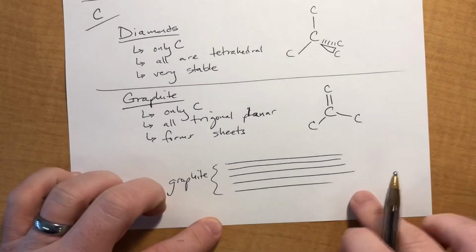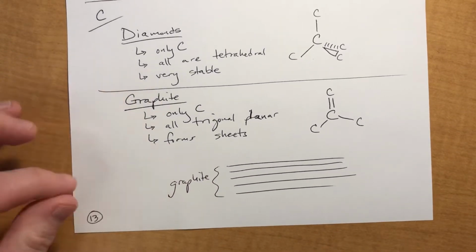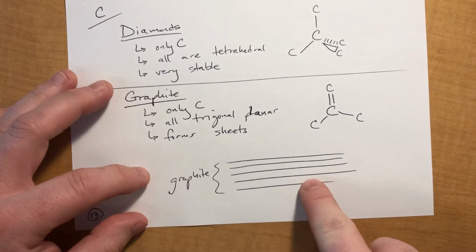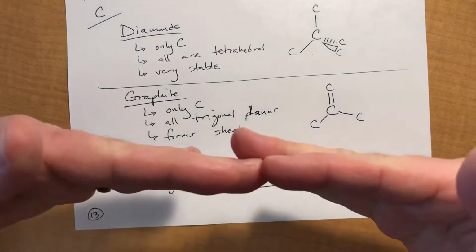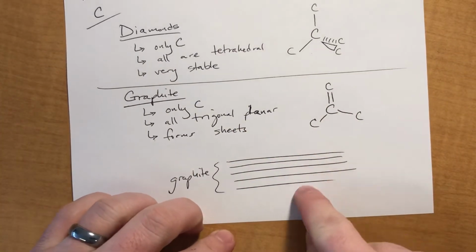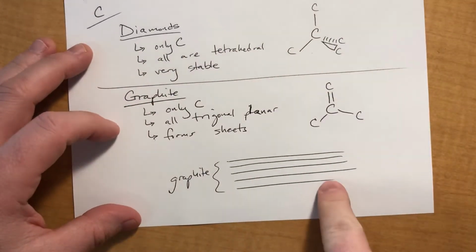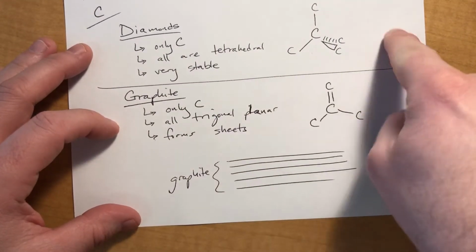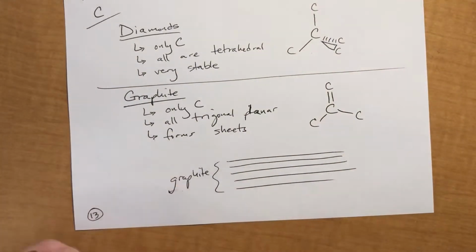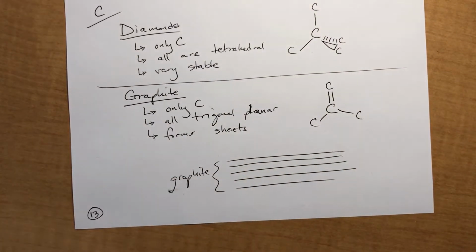And as you push on the paper, which has like a slight bit of texture to it, the sheets easily separate. They're stable in one plane, but they're not connected to each other very nicely. So what happens is as you rub a piece of pencil across the paper, these layers are just ripping off and being left on the paper and squished on there because of the texture of the paper. Okay.